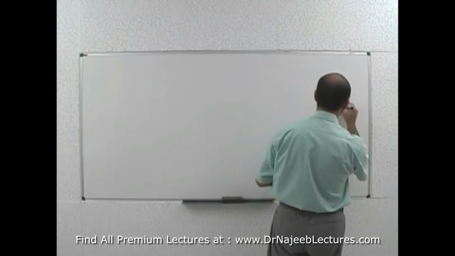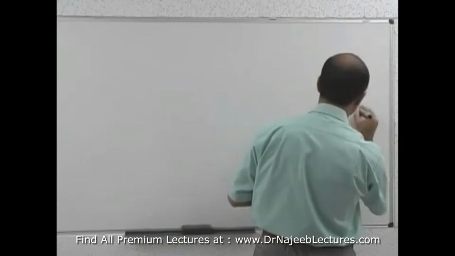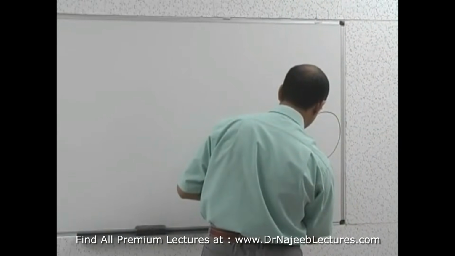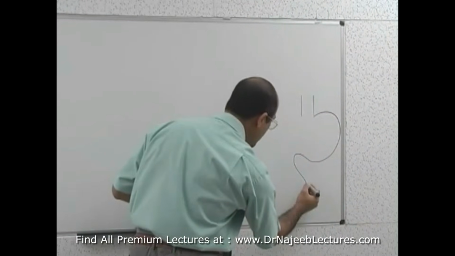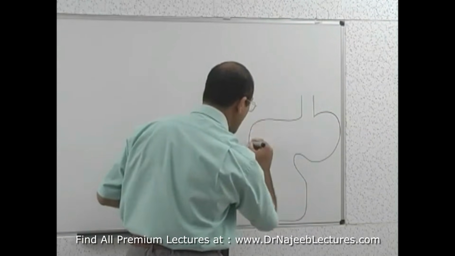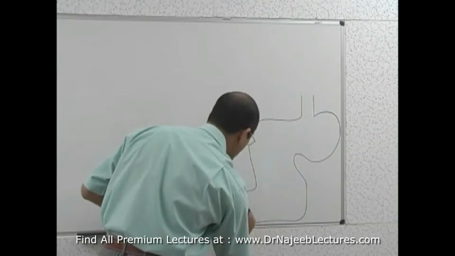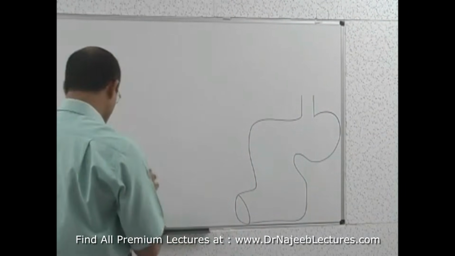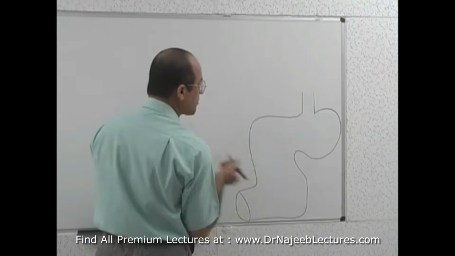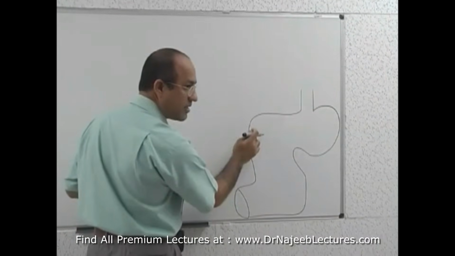Let's suppose here is your gastrointestinal tract, GIT. Here I will draw, iron is mainly absorbed from the duodenum, right?